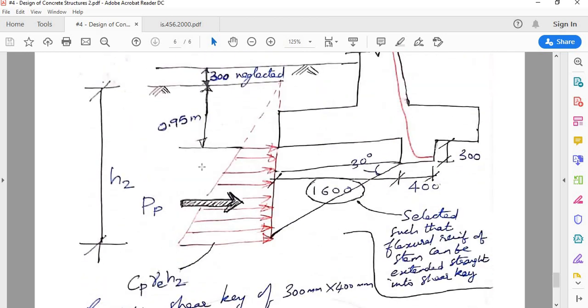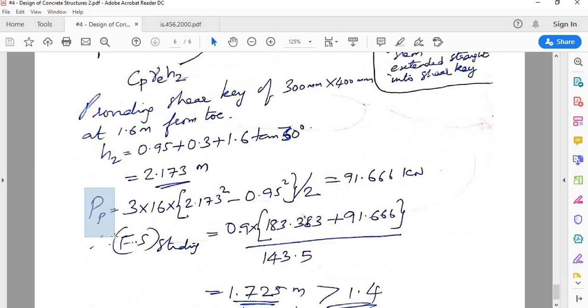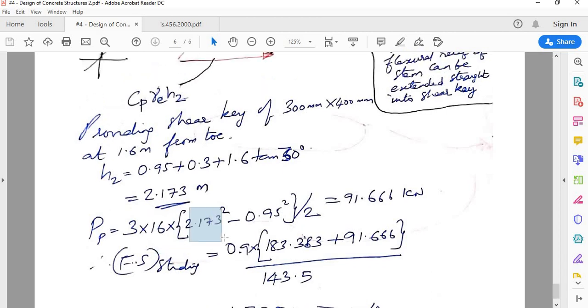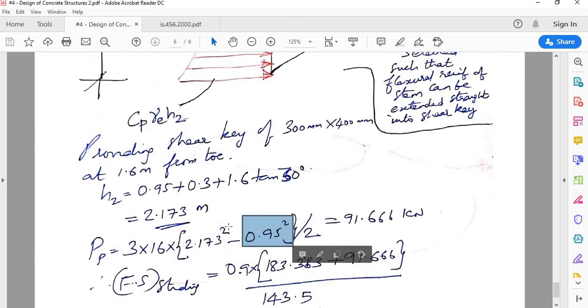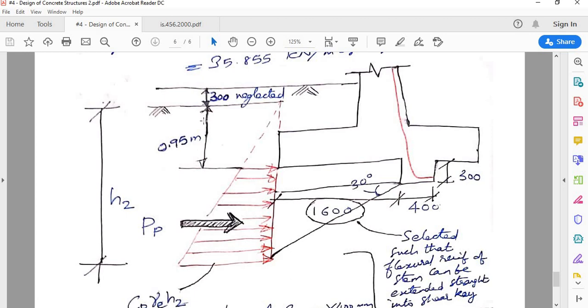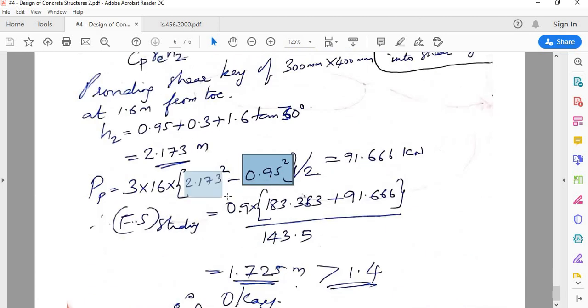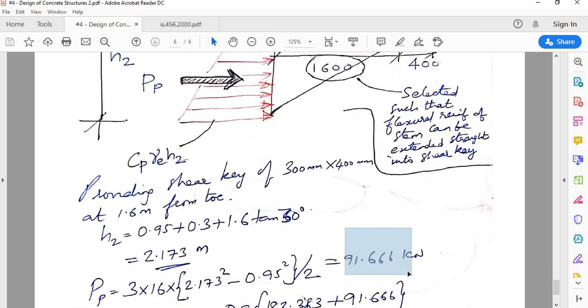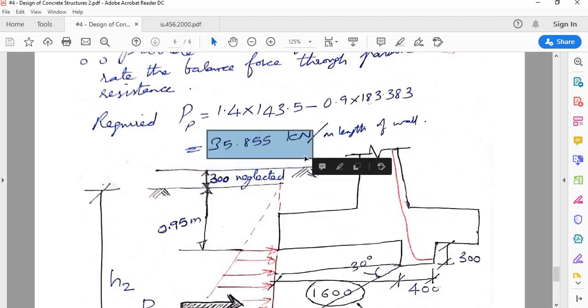The total passive earth pressure contribution is, you use the formula Cp, the passive earth pressure coefficient, which here is 3, as we calculated in the beginning of the problem, into gamma, which is 16, into h square of the larger triangle minus h square of the smaller triangle, divided by 2. So 2.173 square minus 0.95 square, by 2. You calculate the passive earth pressure, which is 91.666, which is greater than this, which means it is okay.